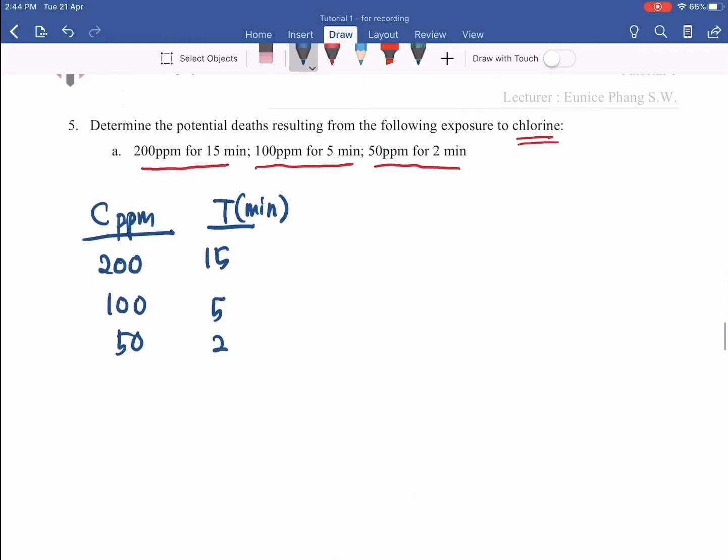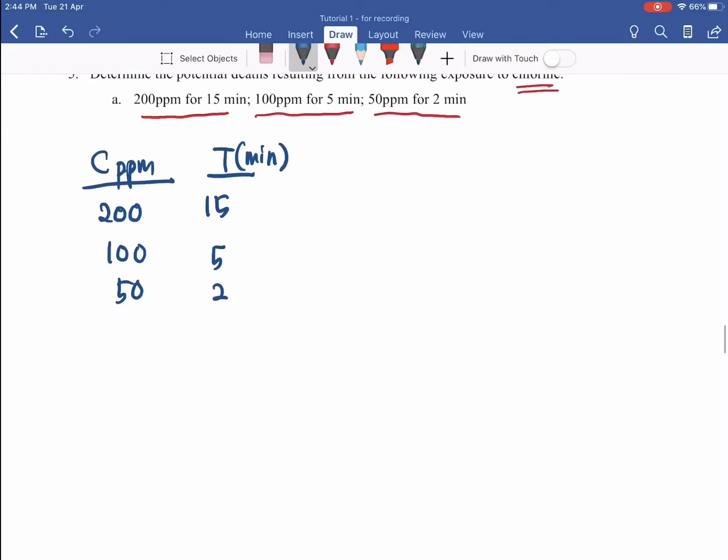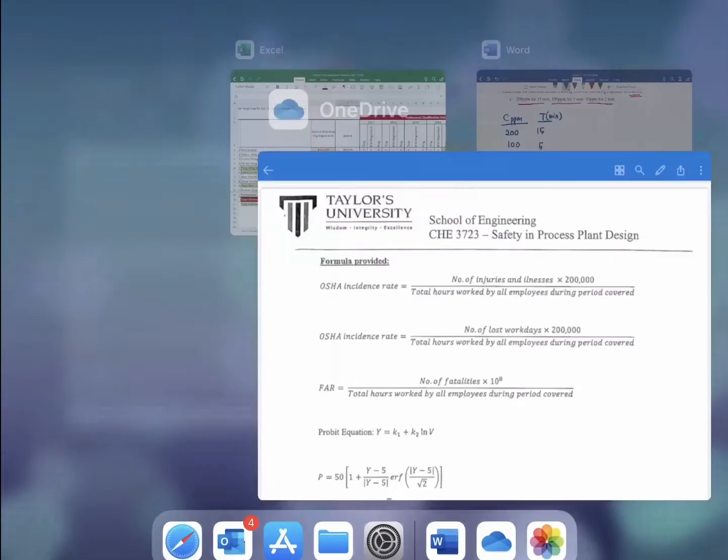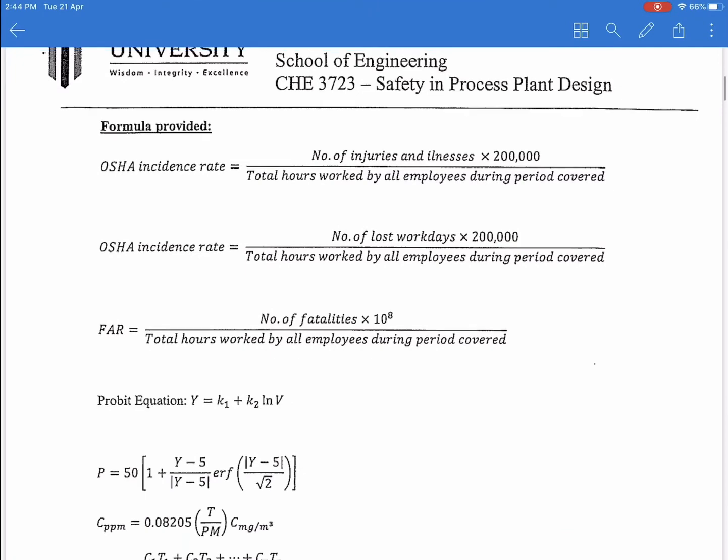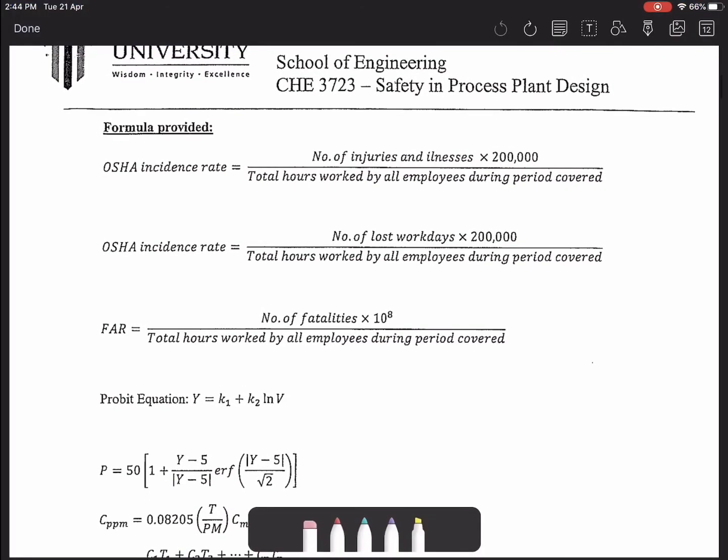So let's take a look at the booklet because we want to find the probit equations for this one. Remember, just now we talked about Y equals K1 plus K2 ln V. If you can't remember these formulas, they are given here in the probit equation.